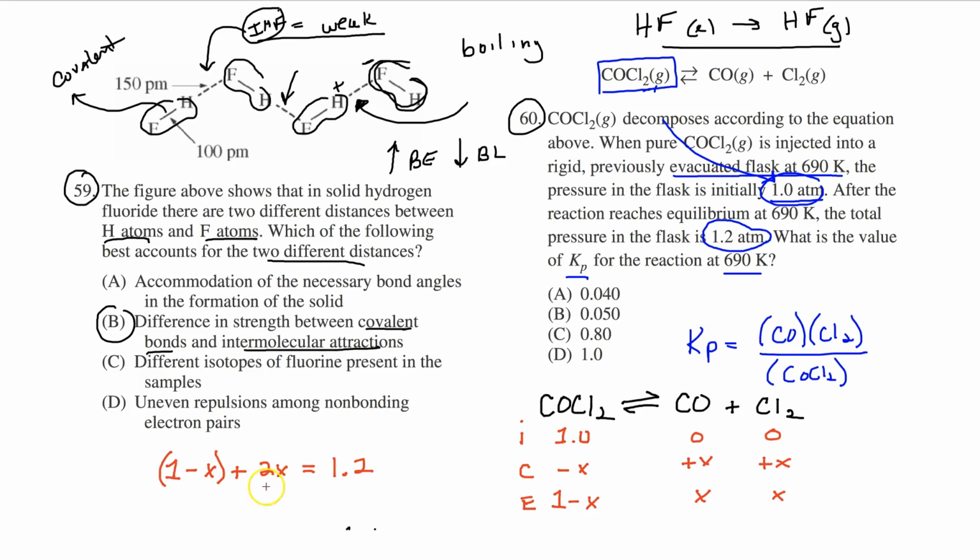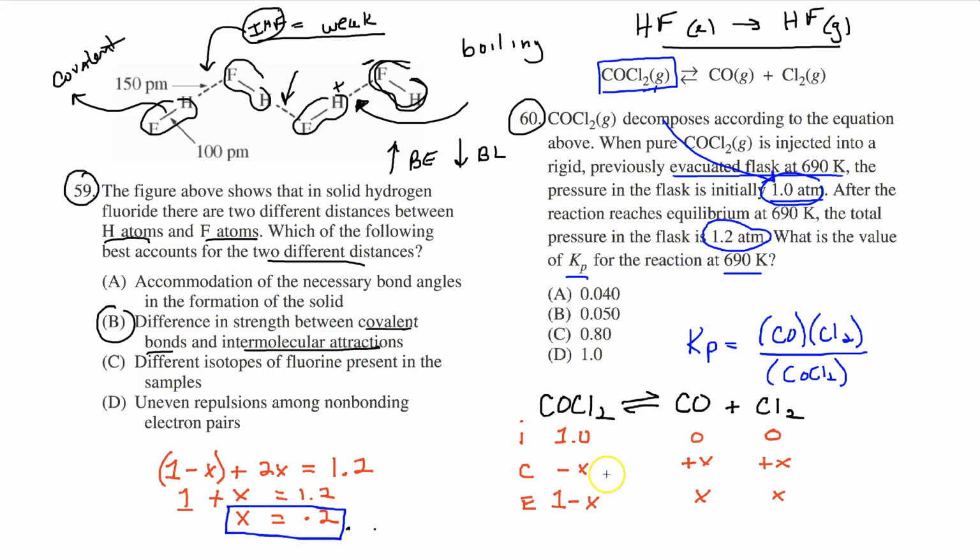Negative x and 2x gives me 1x, so 1 plus x equals 1.2. I take the 1 over, so x equals 1.2 minus 1, which is 0.2. That's pretty easy to solve: x is equal to 0.2.